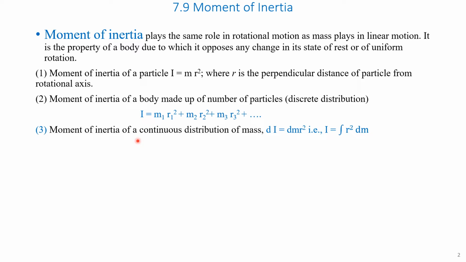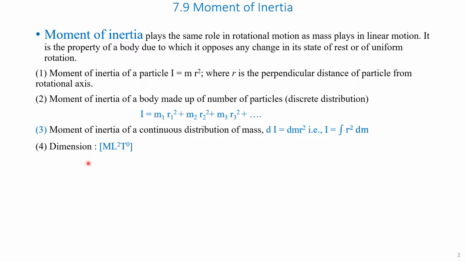Moment of inertia of a continuous distribution of mass, that is instead of a discrete distribution, if the body is made up of a continuous distribution of mass, is given by the relation dI = dm r square, or I = integral of r square dm.